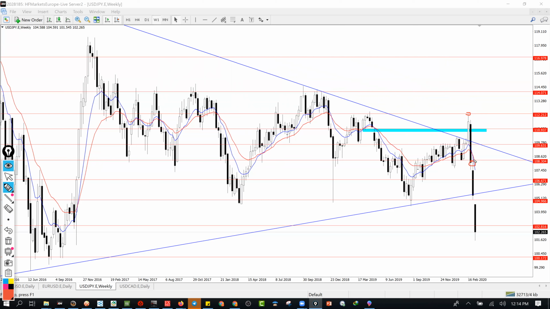Then price tested this dynamic support level, and today, Monday, price opened low, and whenever price opens low, it's a signal of very strong bearish interest. Whenever price drives up above the previous candle, it's a signal of strong bullish interest. So we have price gapping low today on Monday, and then price rallied down.